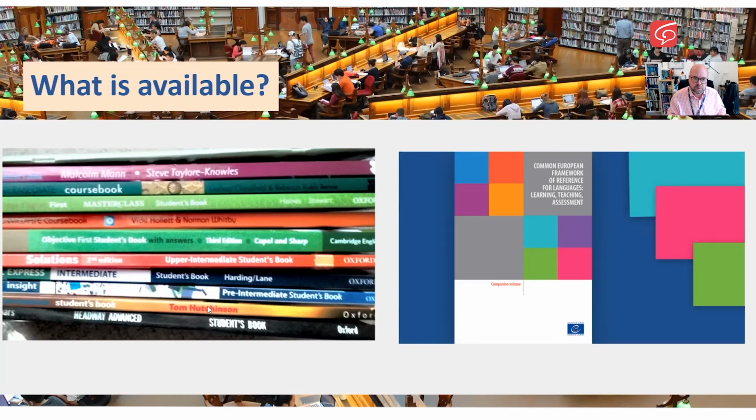How did the coursebook writers decide what was an appropriate speaking activity at a given level? Because, of course, coursebooks are done at a given level. Well, this is where coursebooks and exams have something in common. They are almost all informed by the Common European Framework of Reference for Languages, published in 2018.